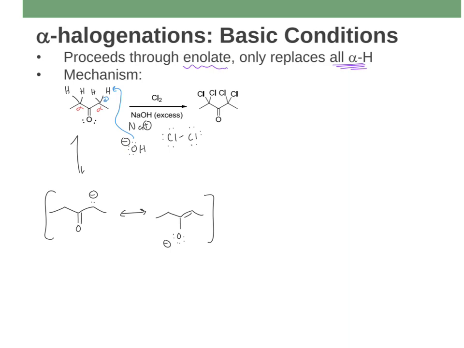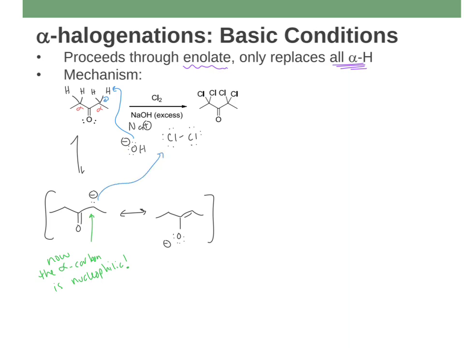But once again, the idea here is that now this is nucleophilic. So now the alpha carbon is nucleophilic. And so now this is able to go and attack that Cl2 like we were talking about before.